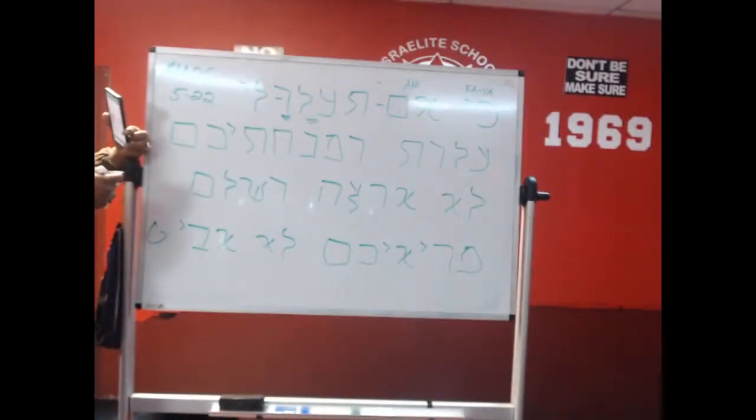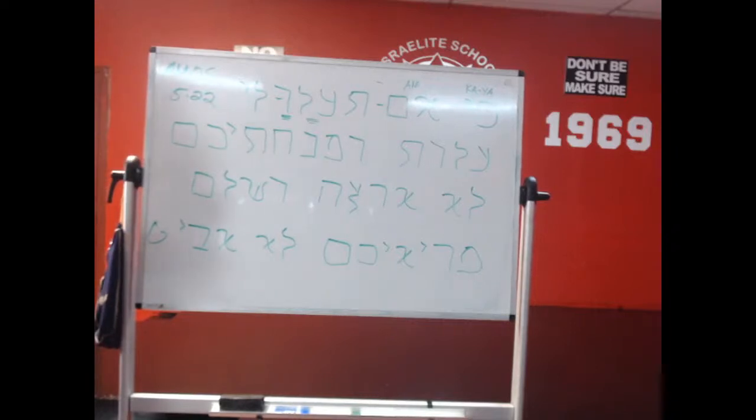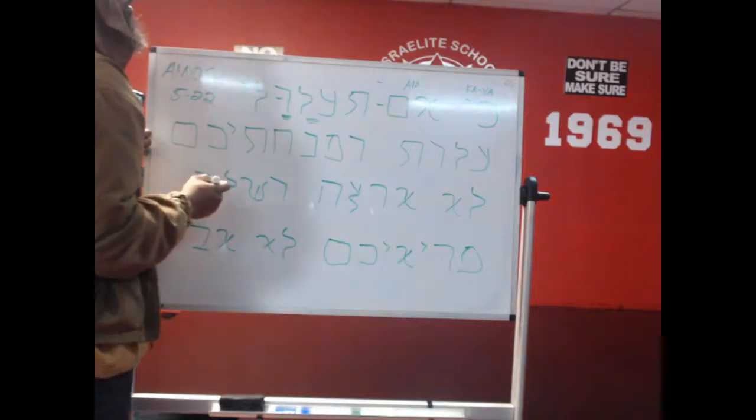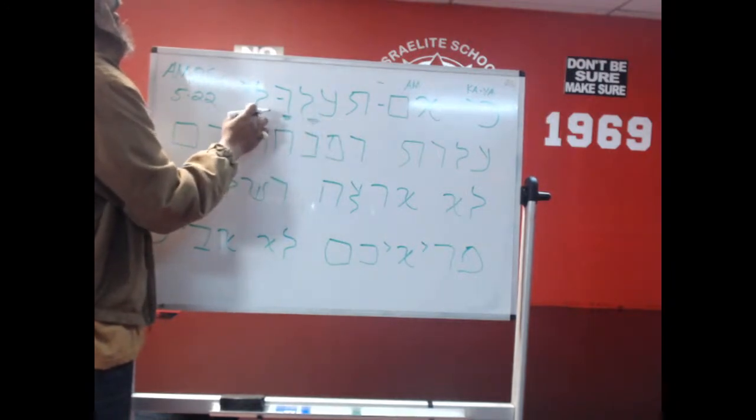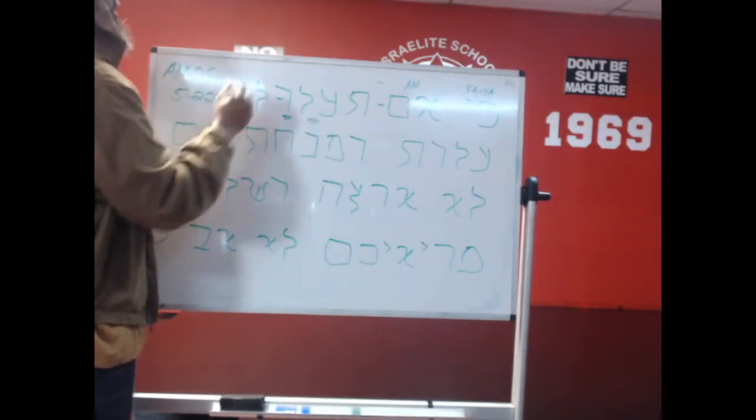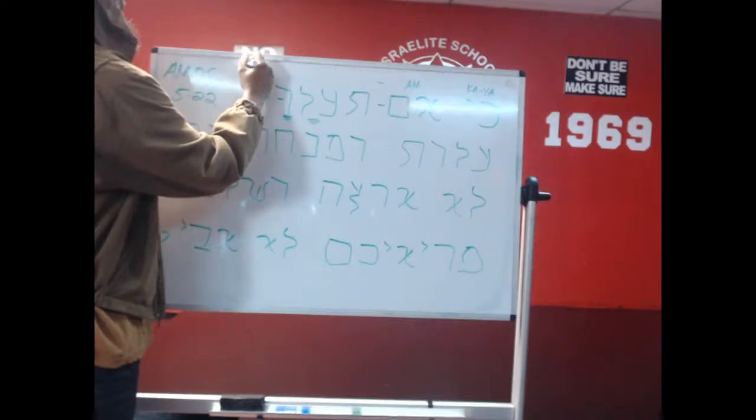There you go. Good job. So we got Kaya, the Iowa, Laya. Good. Next line.